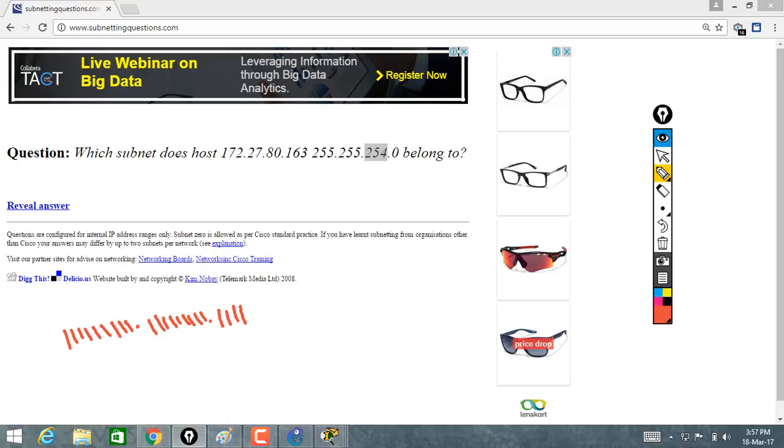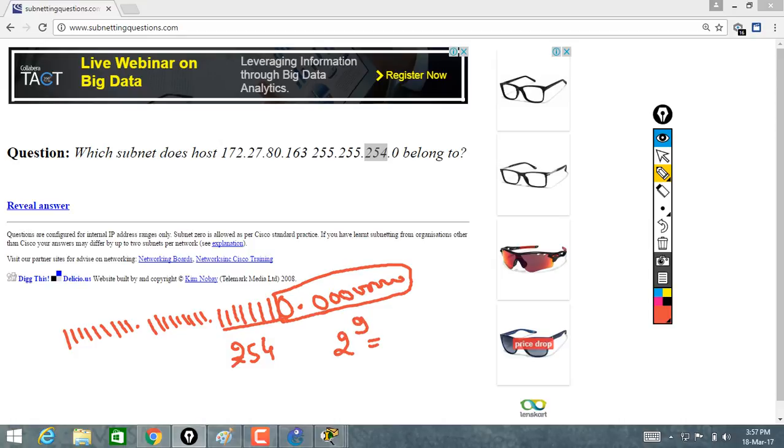Converting these binary bits into decimal gives 254. Then there are 8 zeros, so altogether 9 zeros, 2 power 9, which gives you 512 hosts. In the third octet there is only one zero, so 2 power 1 will give you the block size.